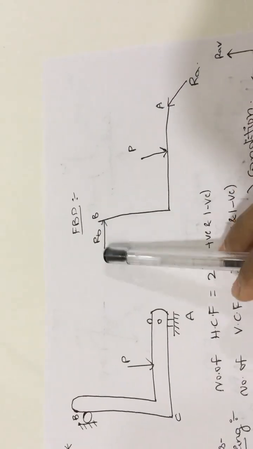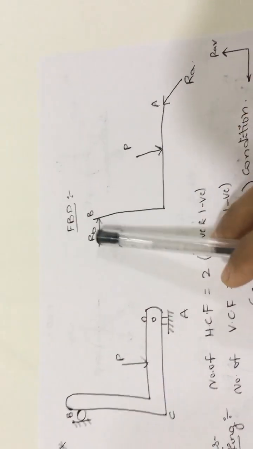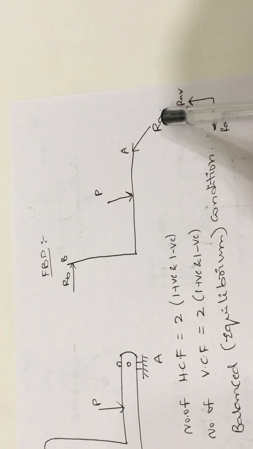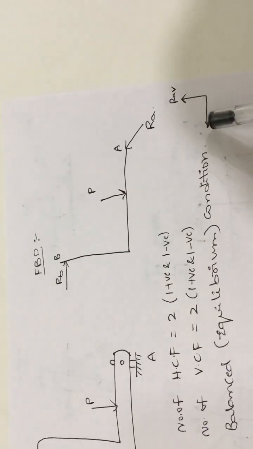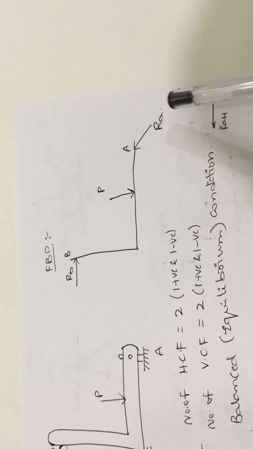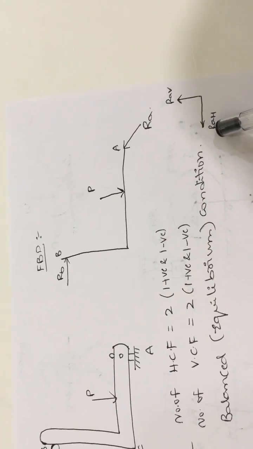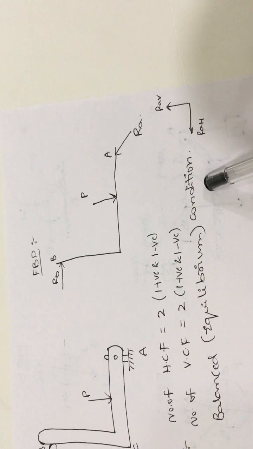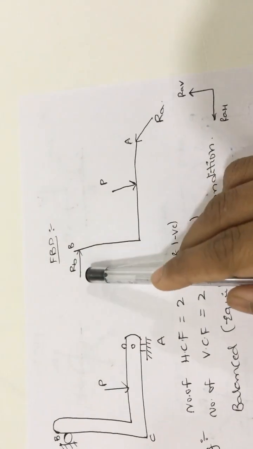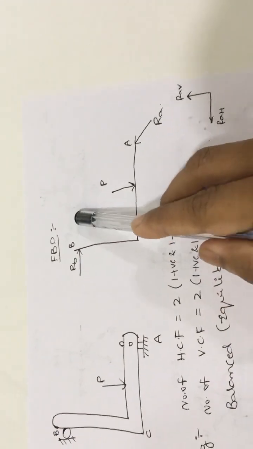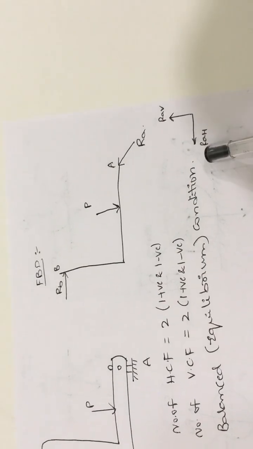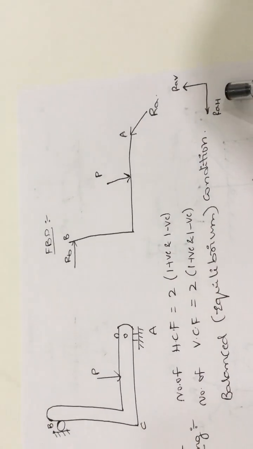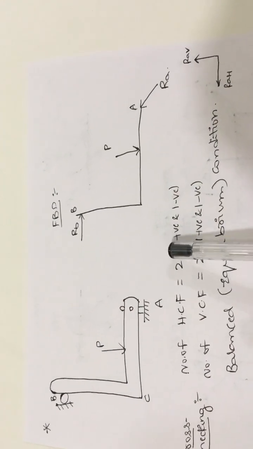Here RB is projecting towards the positive x-axis, so one horizontal positive component, and here as it is going into the second quadrant, it will be resolved into two components, vertical component and horizontal component. So here RA horizontal component and it is projecting towards the negative x-axis. So here one positive horizontal component and here one more negative horizontal component. So this is balanced by this one. So sigma h is equal to 0.